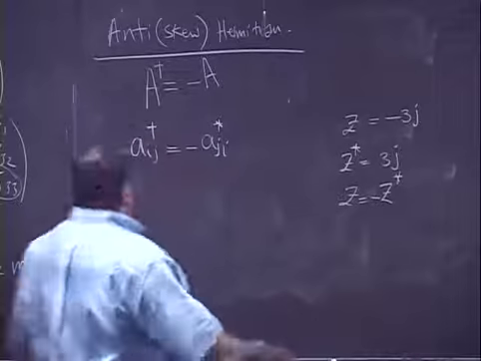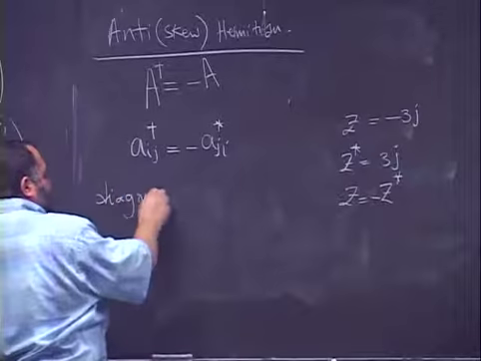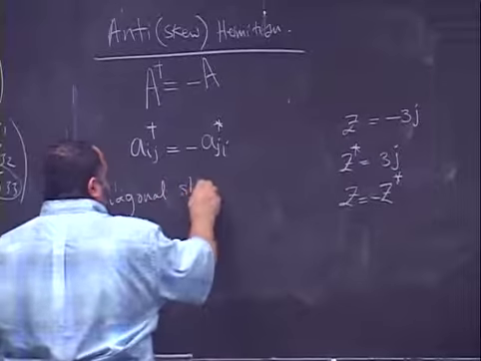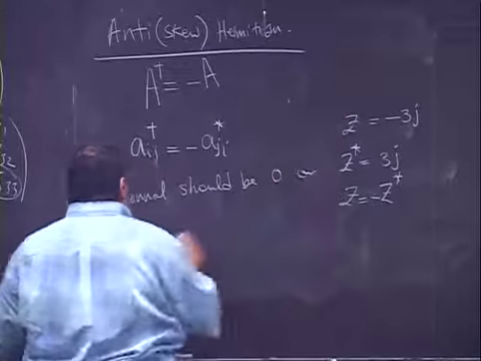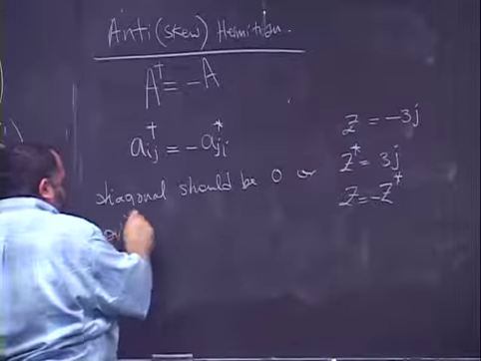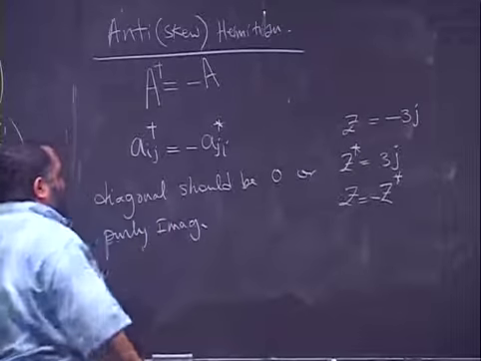Purely imaginary. So the diagonal should be, or must be, 0 or purely imaginary.